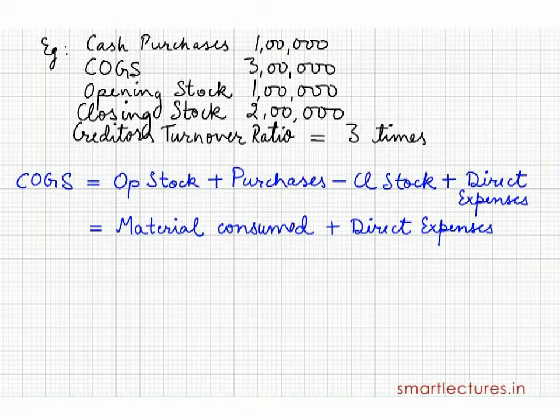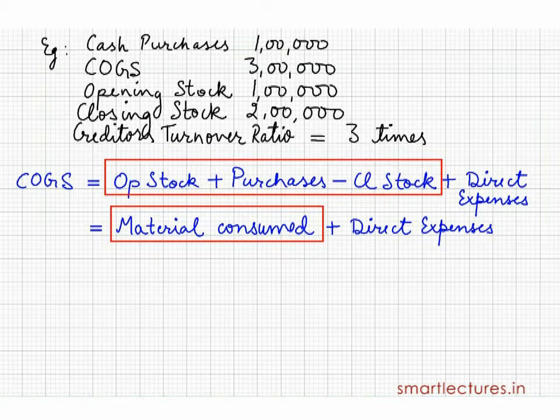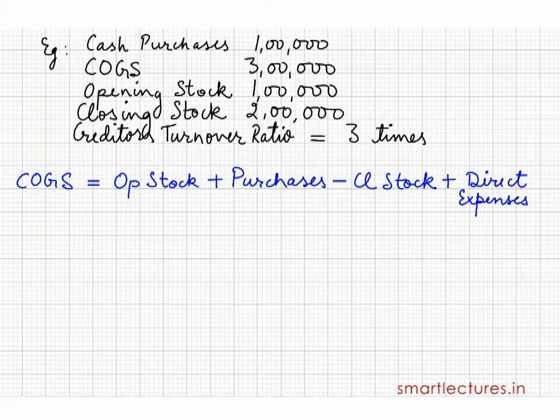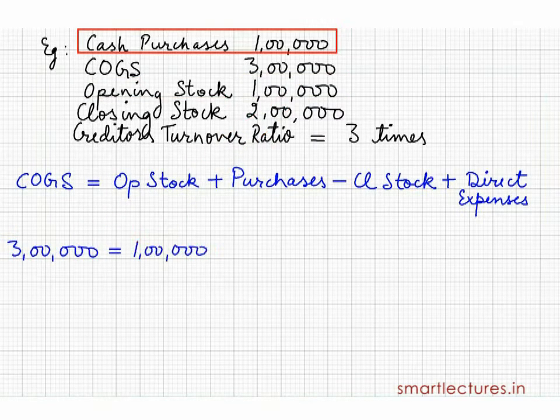Material consumed is equal to opening stock plus purchases minus closing stock. Purchases means total purchases. So as per this equation, 3 lakhs, that is the cost of goods sold, is equal to 1 lakh plus total purchases.